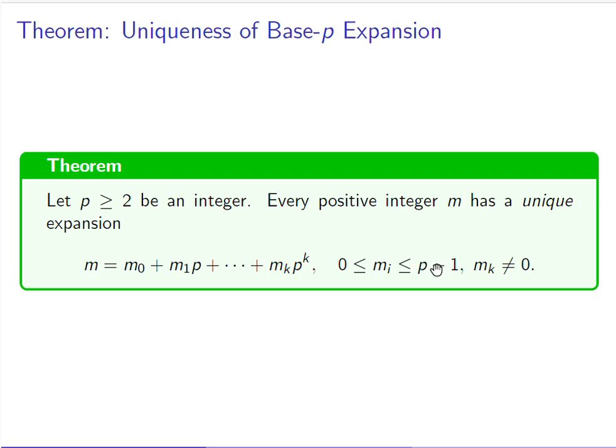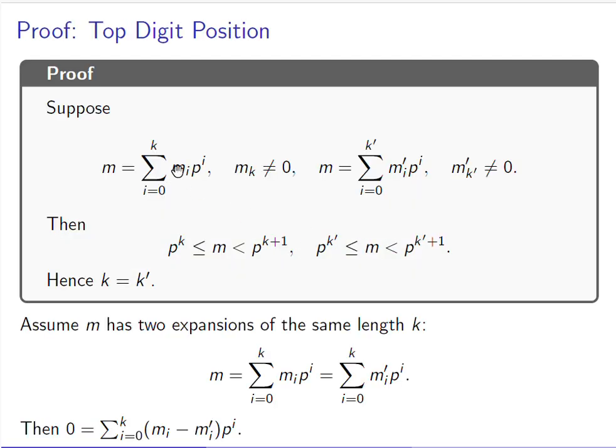So what we can do, if we put p minus 1 in place of mi, then this sum here is greater than or equal to m. So this p minus 1 we can factor out, then we have the sum of p^i with i going from 0 to k, but that's just going to give you (p^(k+1) minus 1) over (p minus 1).